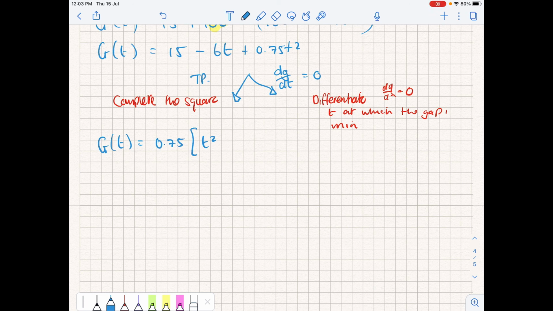So I'm dividing by 0.75 effectively. So I'm going to take 6 divide by 0.75. This is going to give me 8. And I'm going to do the same thing for 15, divide by 0.75. This is going to give me 20.